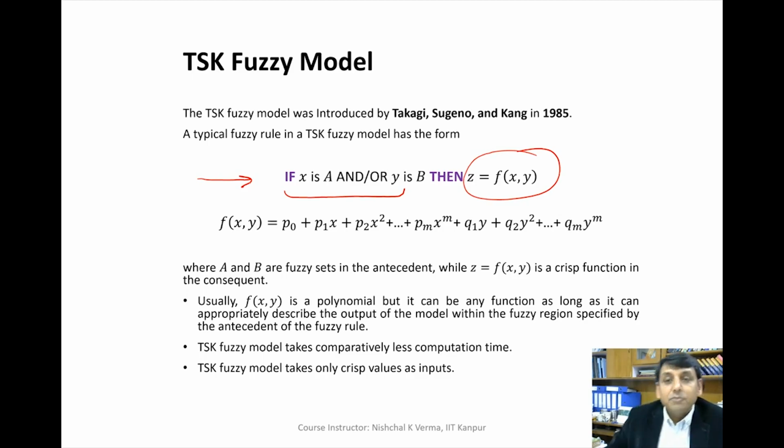What we have to remember is that in the TSK fuzzy model, the consequent part has the output always in the form of a polynomial, and this polynomial is in terms of the inputs that are fed in the premise part.